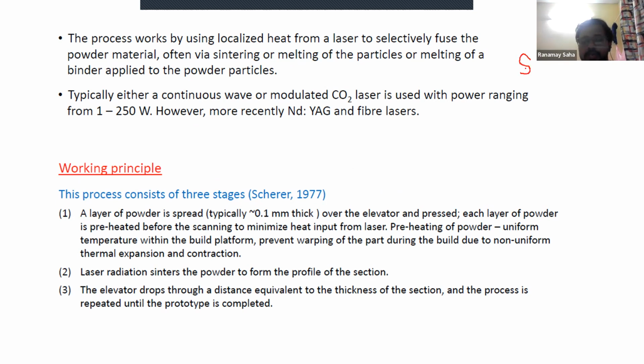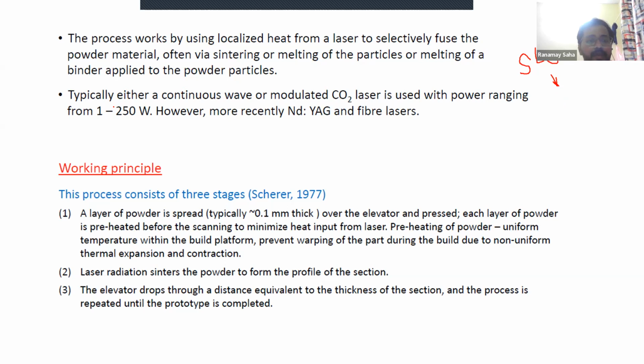Based on that, you have the SLS method, selective laser sintering. The powder is not completely melted here, and bonding happens before the melting temperature is reached, by sintering or melting of the particles or melting of a binder applied to a powder particle.